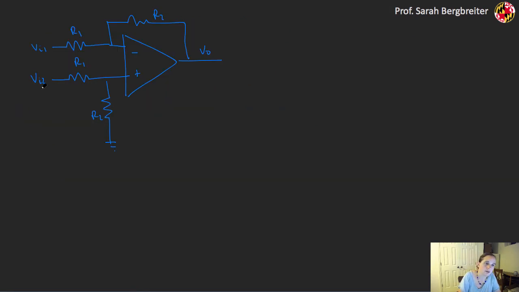If I put a sensor that I connect up to VI2, the input impedance that it would see is basically the sum of these two resistances, R1 and R2. So if I choose those as a couple kilo ohms, that wouldn't be a very high input impedance for this amplifier circuit. And the same thing can be seen on this input here as well.